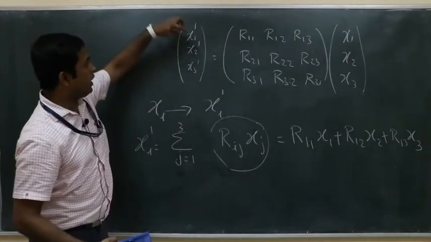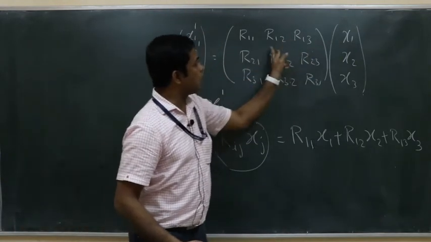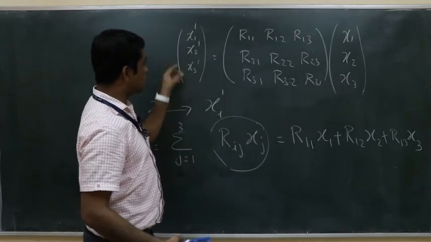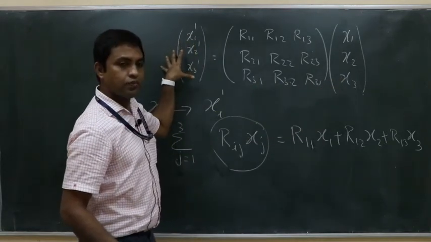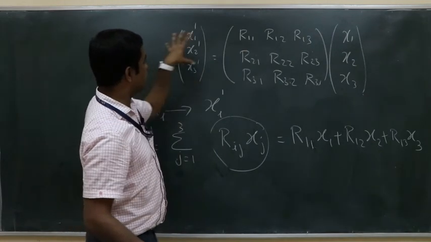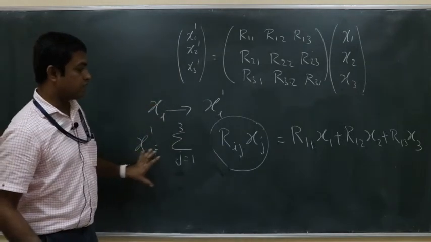So you can see that x1 prime is equal to R11 x1 plus R12 x2 plus R13 x3. So this whole matrix multiplication and transforming to a new coordinate system is just written down as this equation.